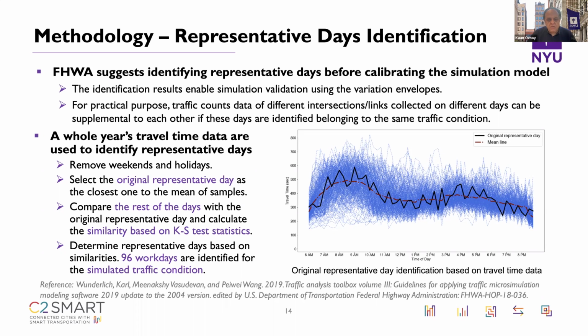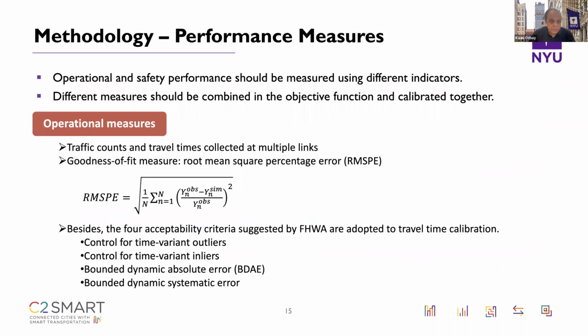Then we run a Kolmogorov-Smirnov test to make sure that these days are similar in terms of statistical significance. And then we identified 96 days out of the 320 days that we tested. And then we use that data to calibrate our simulation.